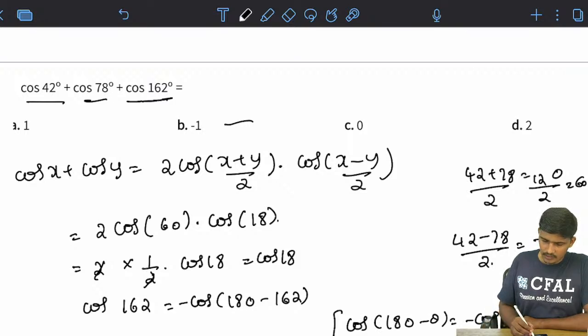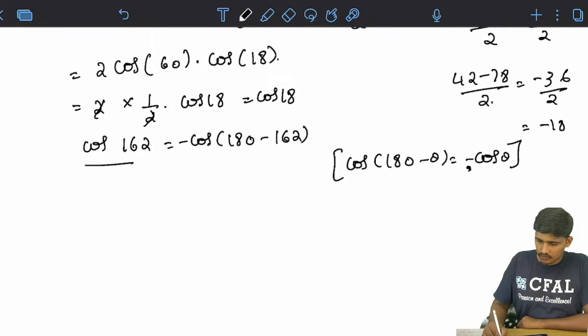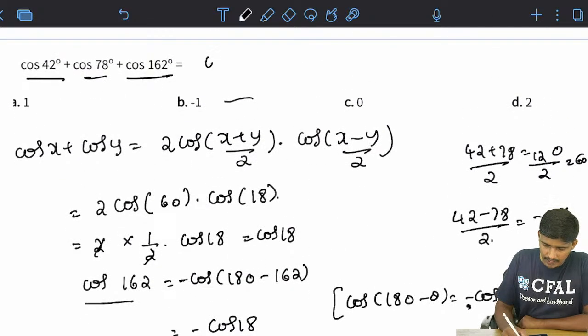So cos of 162 will be equal to minus cos of 180 minus 162, that is nothing but minus cos 18. So ultimately we are adding cos 18 minus cos 18.